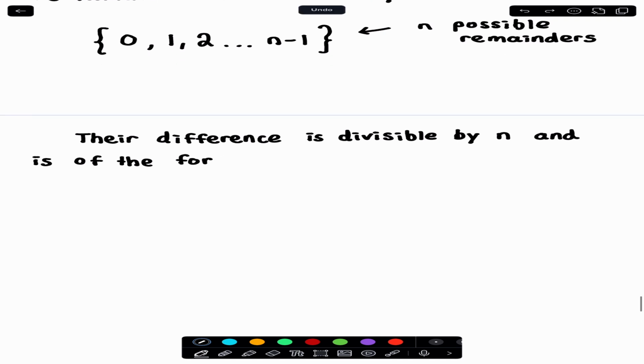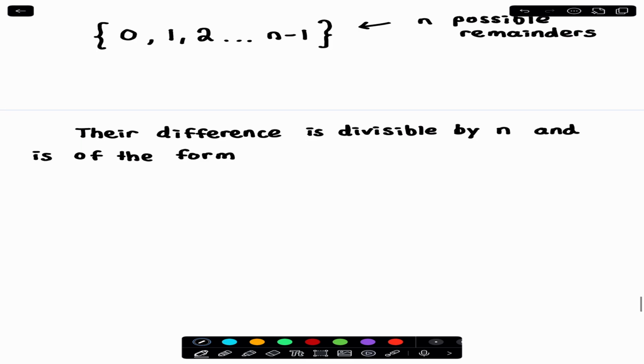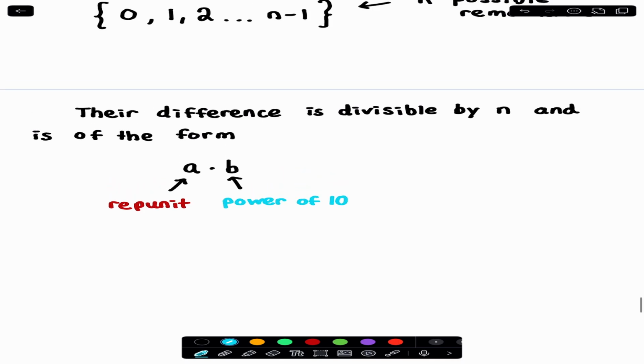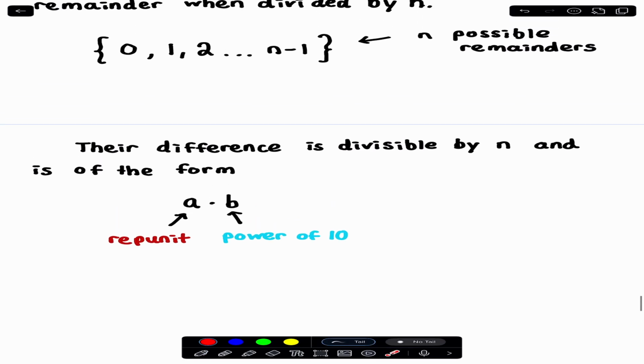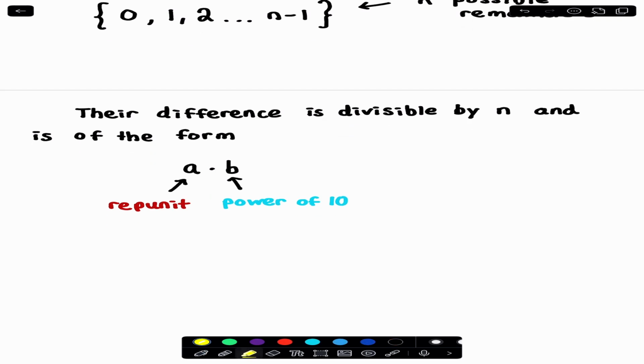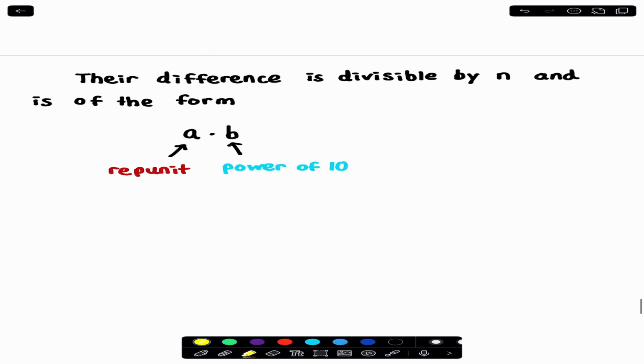It will look something like A multiplied by B, where A is a rep unit and B is some power of 10. If you don't follow along with this, don't worry, we're going to see an example of this later on, but I just want you to know that this is the general form that all these numbers will have.